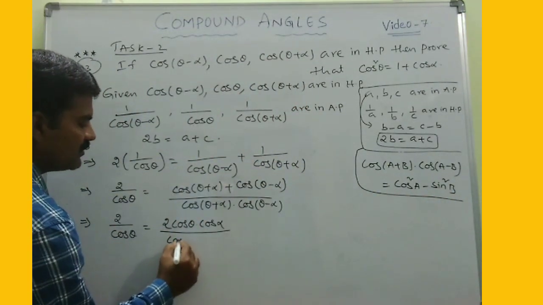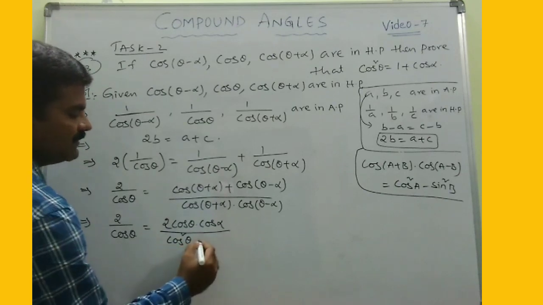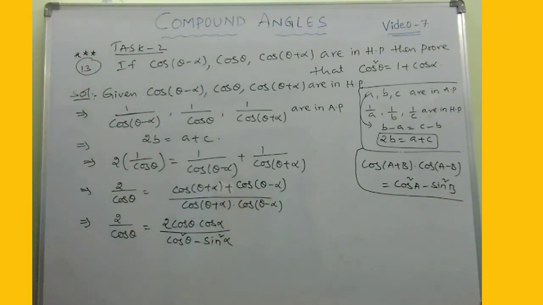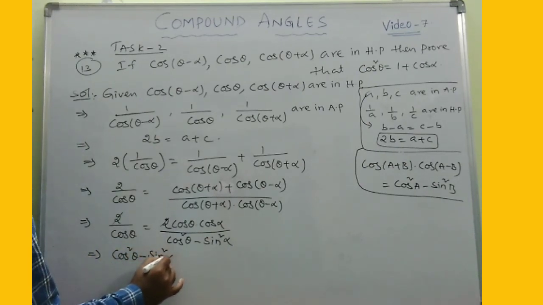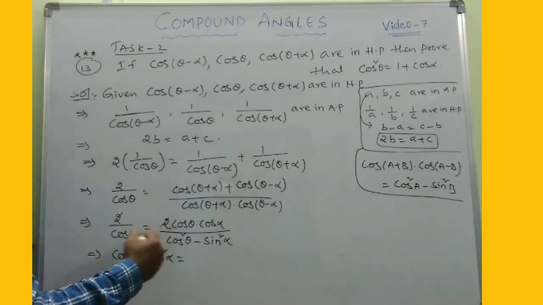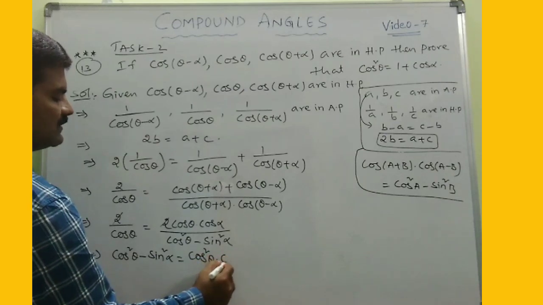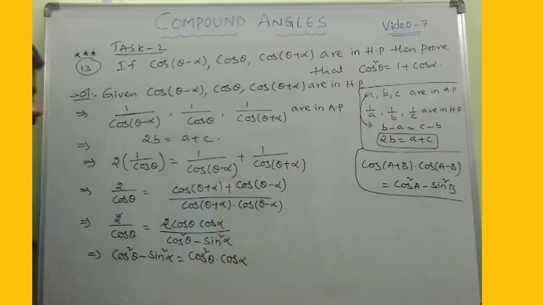So according to that, cos square A means theta minus sin square B means alpha. Okay. So first of all 2 and 2 get cancelled and go for cross multiplication. Cos square theta minus sin square alpha is equals to, if you multiply these two, cos into cos, cos square theta into cos alpha.